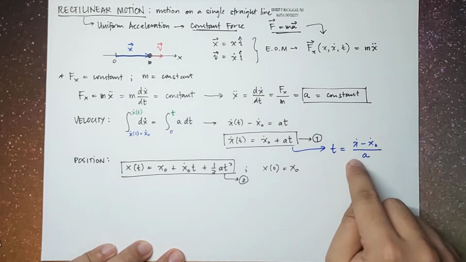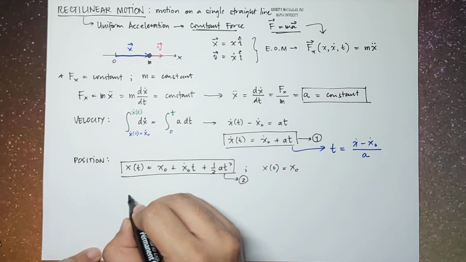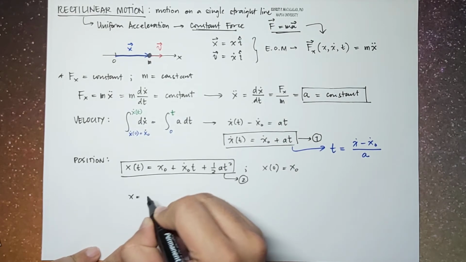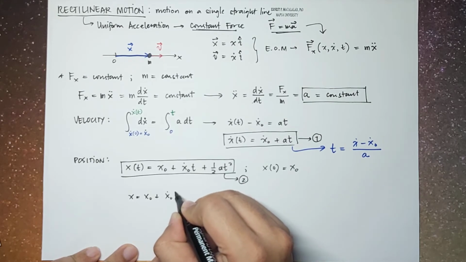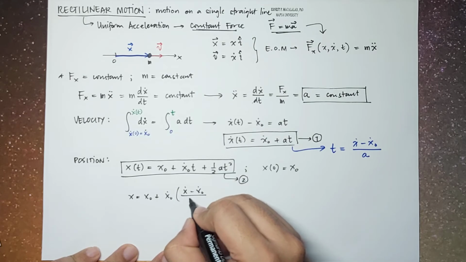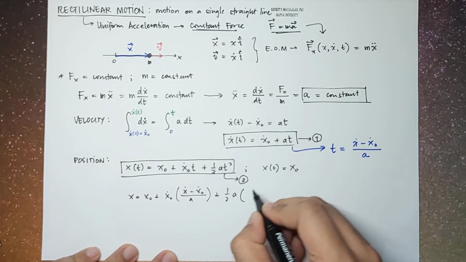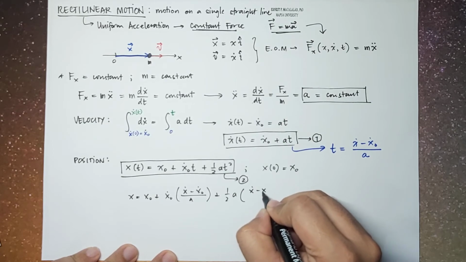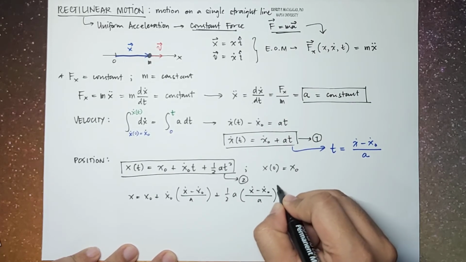And then we substitute this here. So this becomes x equals x naught plus x dot naught times (x dot minus x dot naught) divided by a, plus 1/2 a times (x dot minus x dot naught over a) squared.